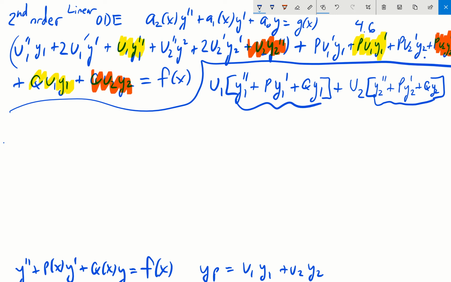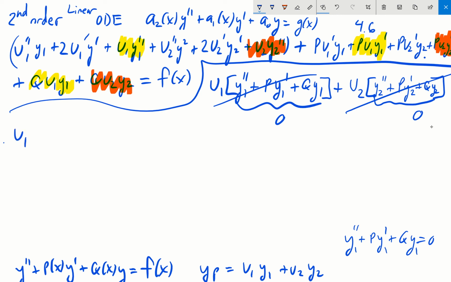So we remember that y double prime plus p y prime plus q y equals 0 for both y1 and y2. So this term is 0 because y1 is a solution to the homogeneous equation, and y2 is also a solution to the homogeneous equation, so this term is also equal to 0. So all of those highlighted terms drop out.